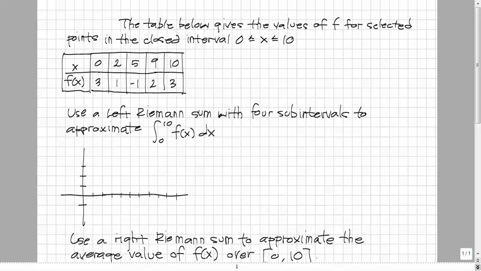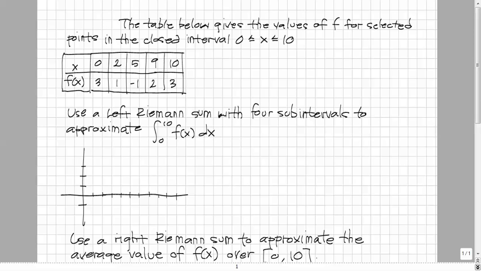The problem says to use a left Riemann sum with 4 subintervals to approximate the integral from 0 to 10 of f of x dx. In some problems they won't tell us how many intervals to use. Instead they'll say use a left Riemann sum with a number of intervals defined by the table or suggested by the table.